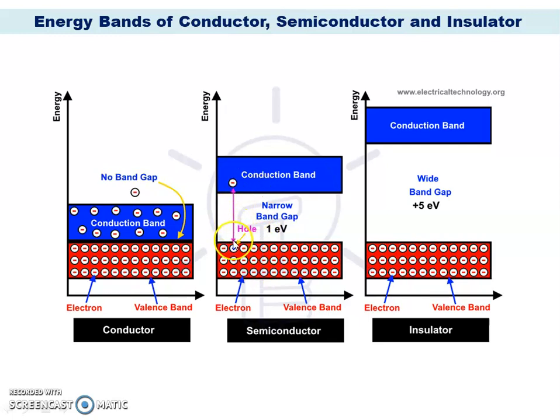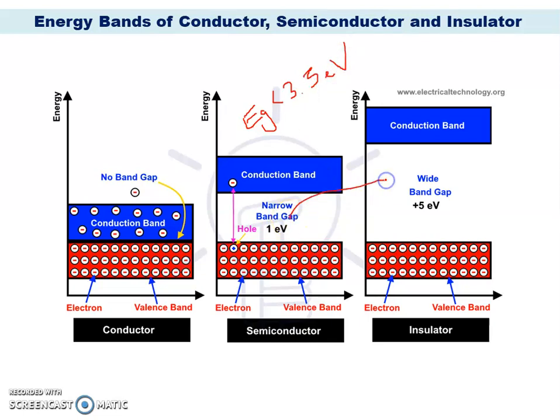If between the valence band and the conduction band there is some forbidden energy gap, whose gap is less than 3.5 electron volt, this is the energy gap, Eg should be less than 3.5 electron volt.